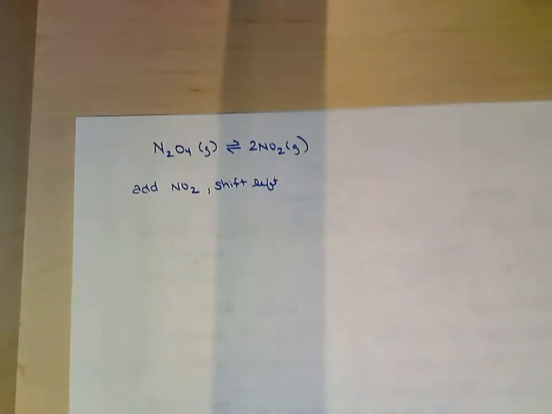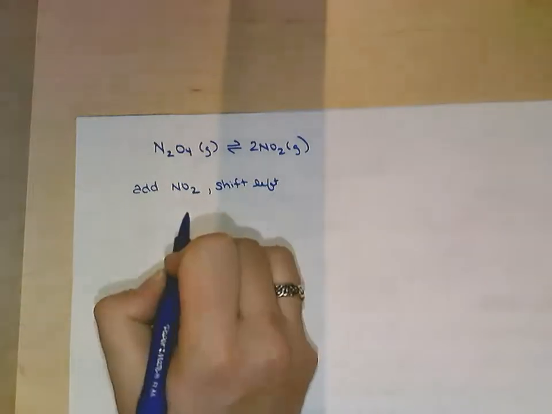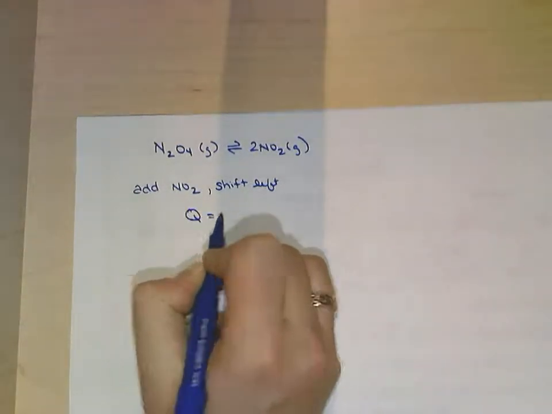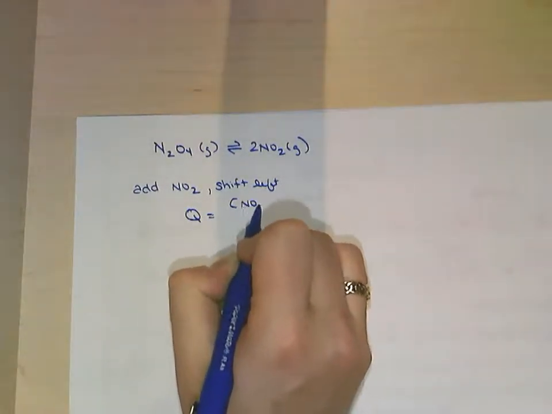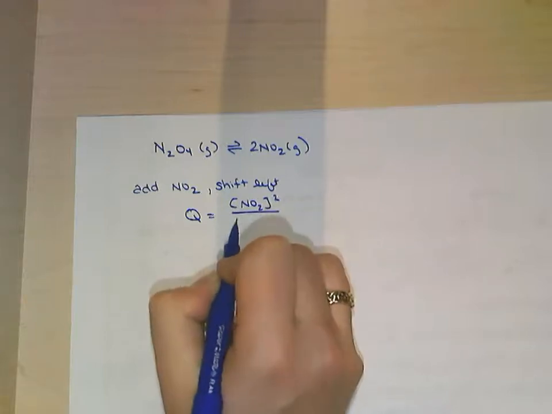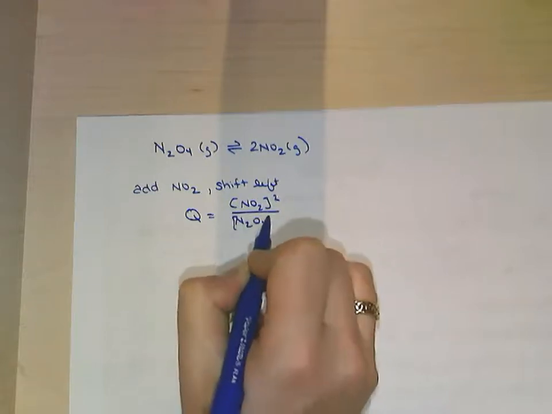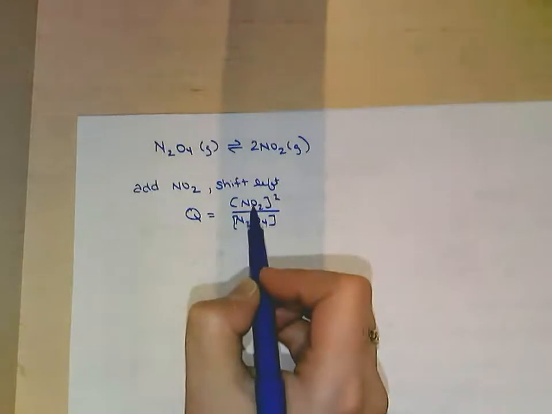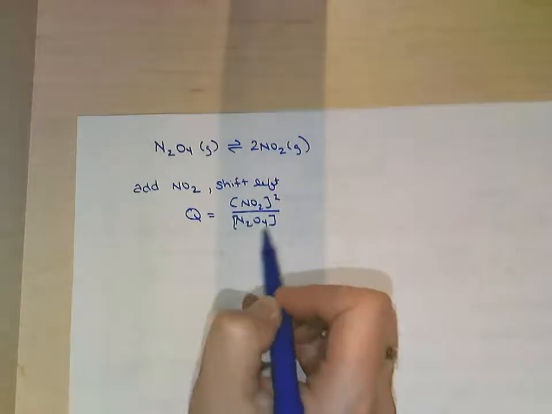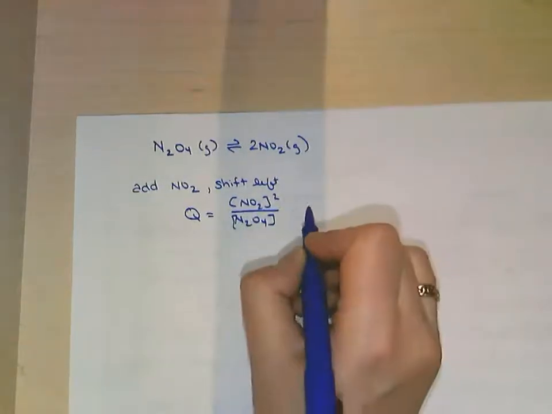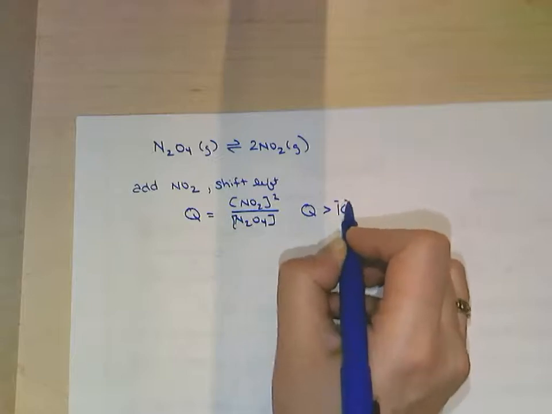Because at equilibrium, Q equals K. If I add NO2 and write this out, if I increase the concentration of that, this whole fraction gets larger, so Q will become even greater than K. And when that happens, we have to shift left.